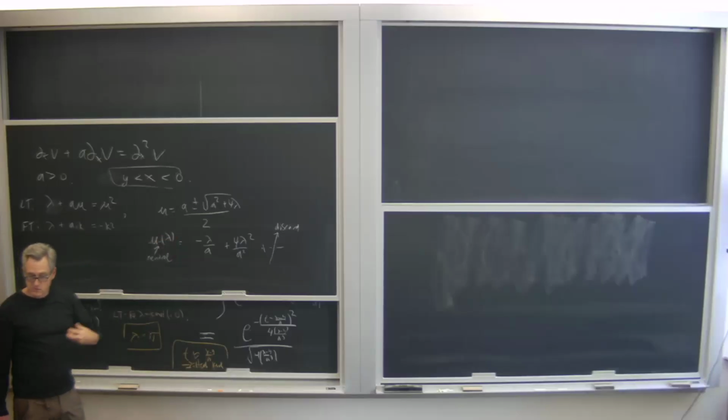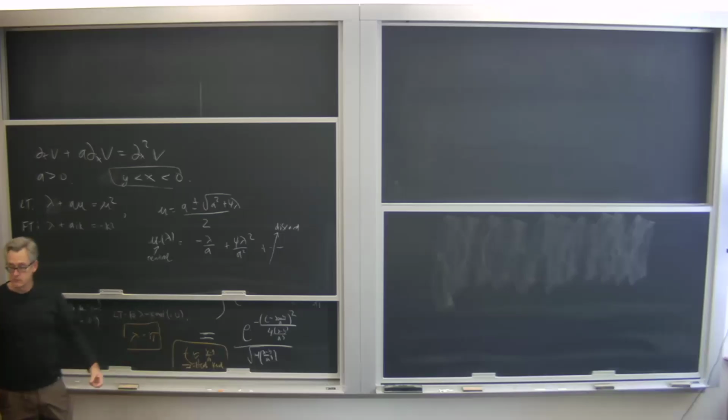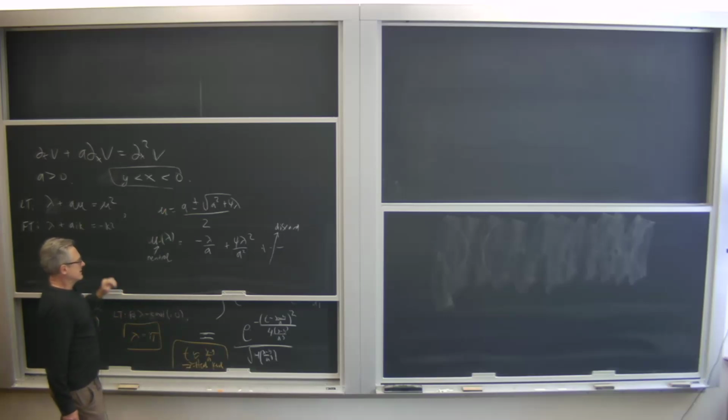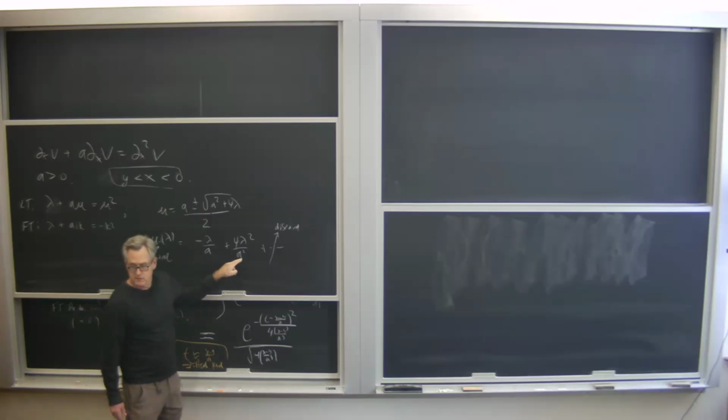What matters is the small frequencies, small lambda, which corresponds to large time. This is what we want. So we can write it as a quadratic formula and Taylor expand around the origin, and we get this expansion here.